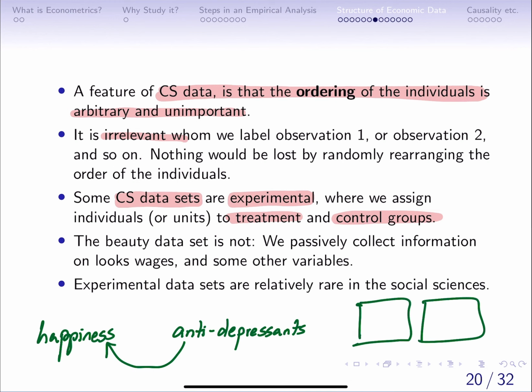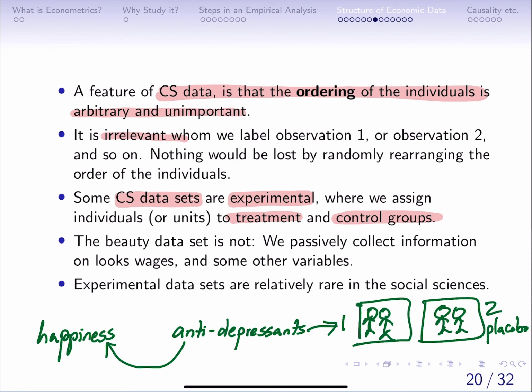Hopefully, they have the same score on mental health, and we can basically say that let's give people in group number 1 some antidepressants, and in group number 2, let's give those people a placebo, right?